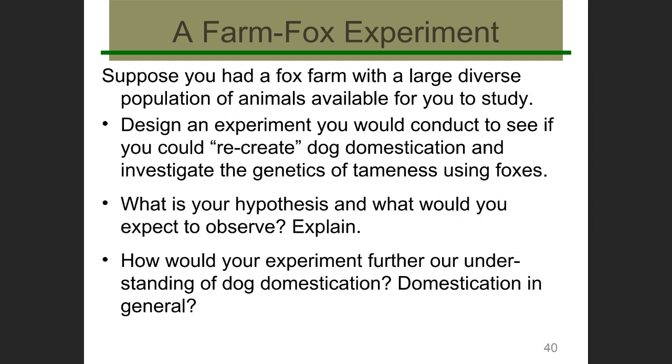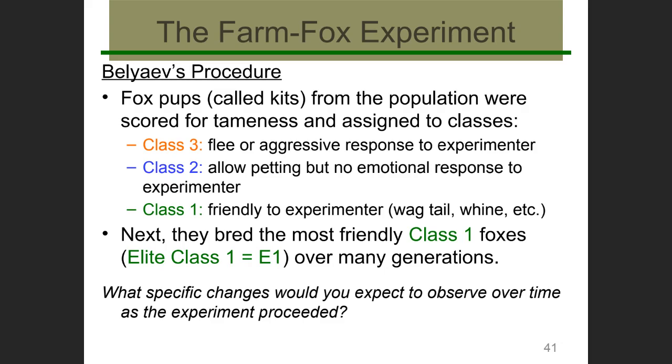What he did was design an experiment so that he could test that. He took the tamest foxes and bred them with each other. He would just test who wouldn't snarl at him when he walked by. He rated them for how friendly they were.